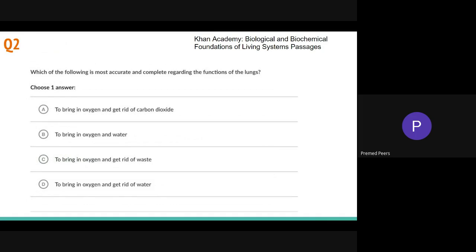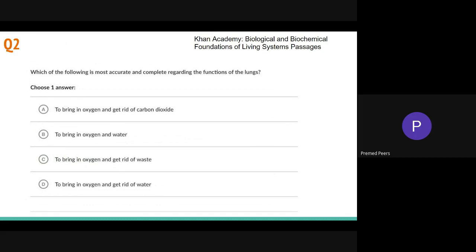Which of the following is most accurate and complete regarding the functions of the lungs? I believe the real hint was "and complete." The reason why is because when I first read this question, my eyes go immediately to A. This is the primary function of the respiratory system.